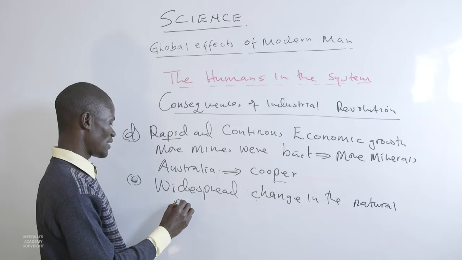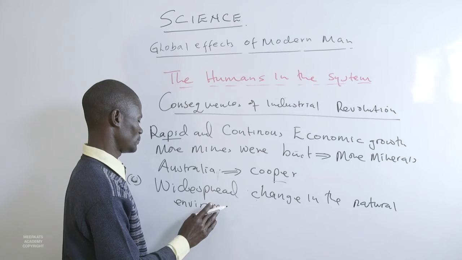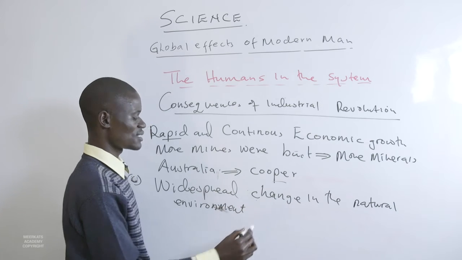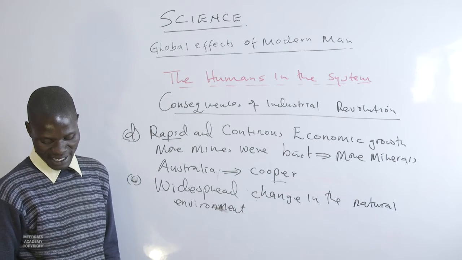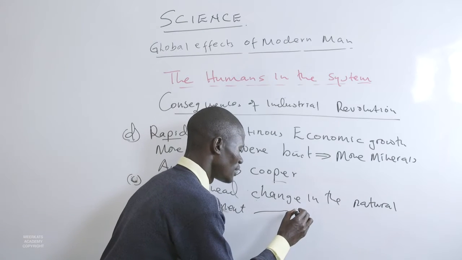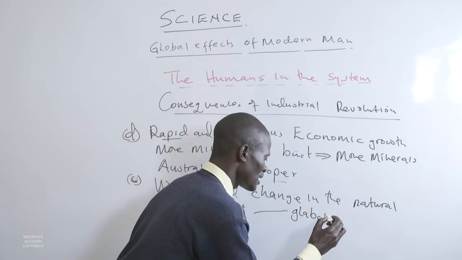This natural environment has actually changed. As a result of changing in this manner, it has led to what we call global climate change, which we'll be able to look at.